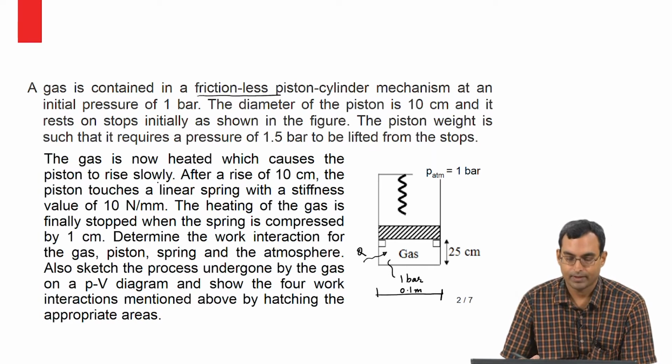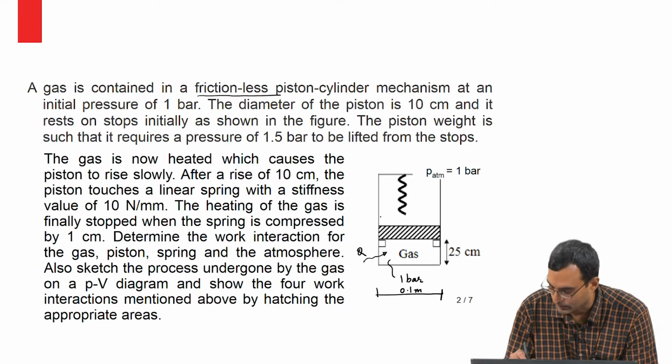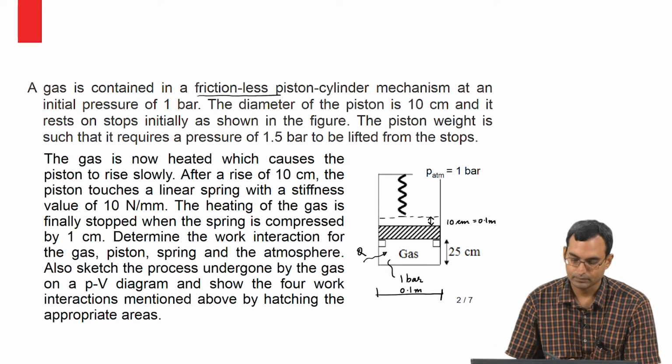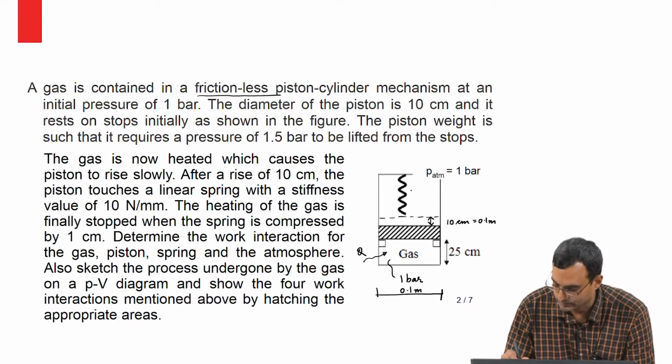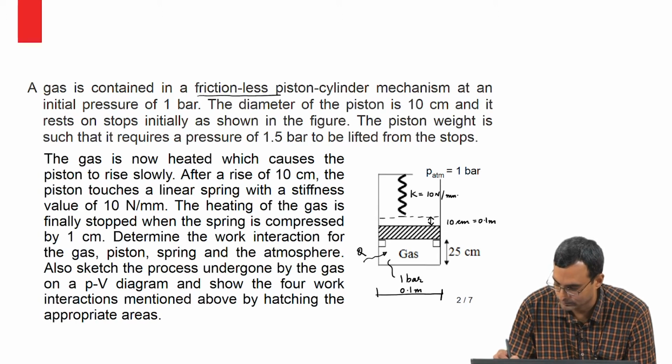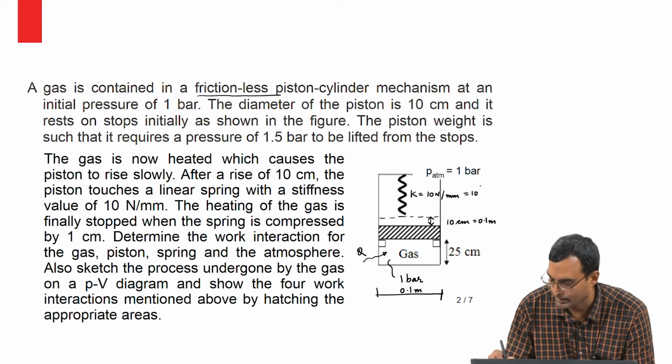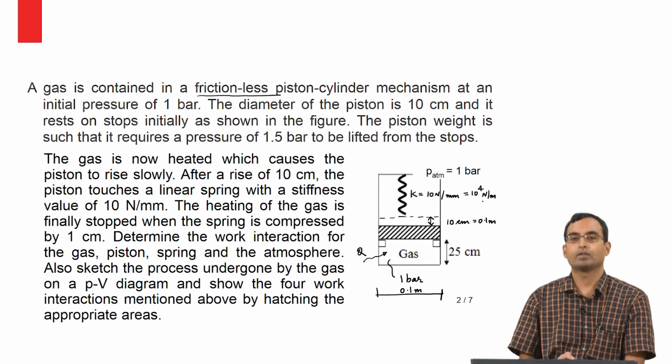What it says is, after a rise of 10 centimeters, it touches a spring. So, what I understand from this is that this gap is 10 centimeters. And the spring has a stiffness of 10 Newton per millimeter, that is 10 into 10 power 3 Newton per meter, sorry, in Newton per meter that is 10 power 4.